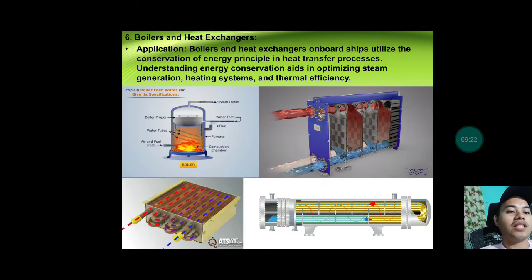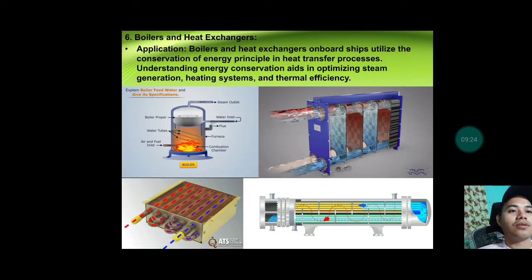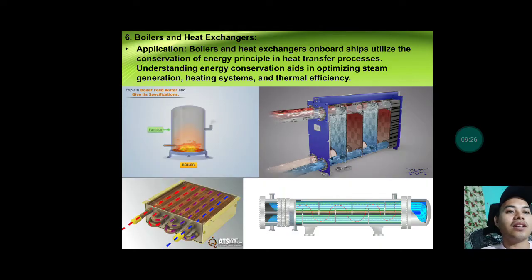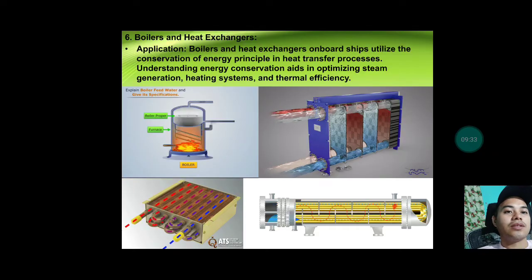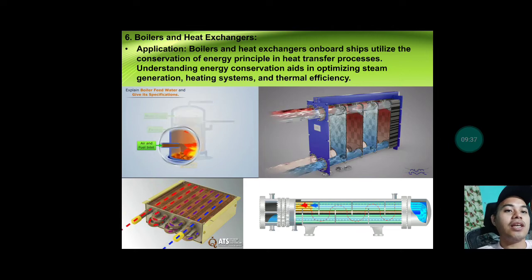Next, we have boilers and heat exchangers. They utilize the conservation of energy principle in heat transfer processes. Understanding energy conservation aids in optimizing steam generation, heating systems, and thermal efficiency.